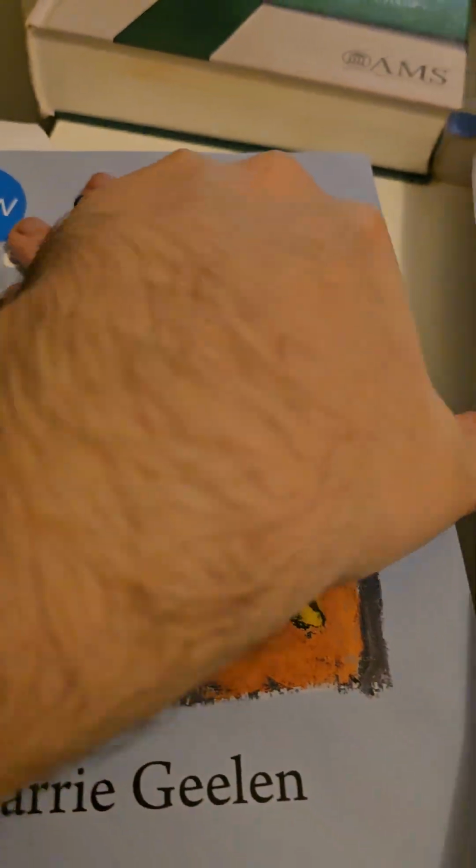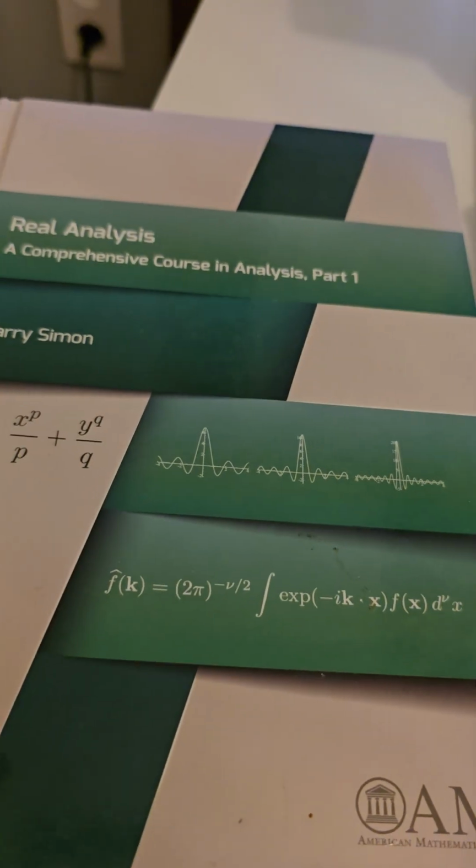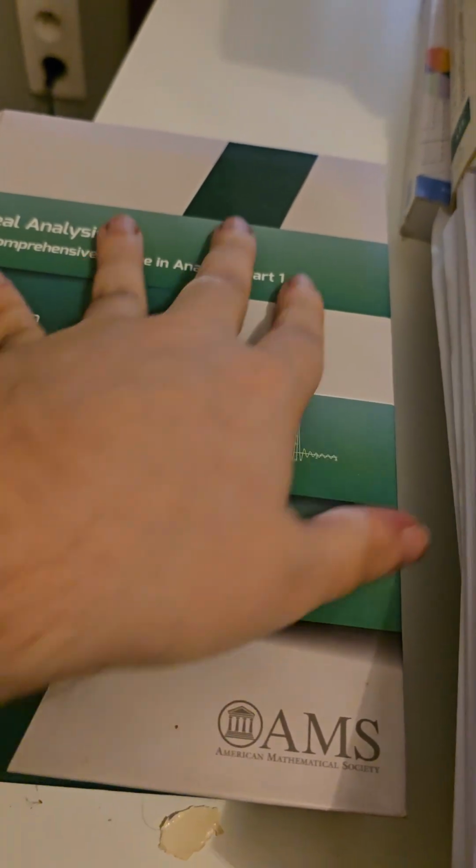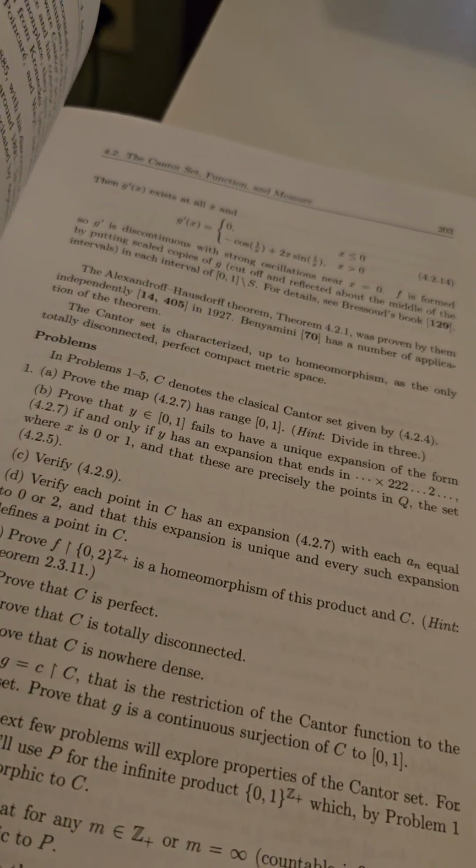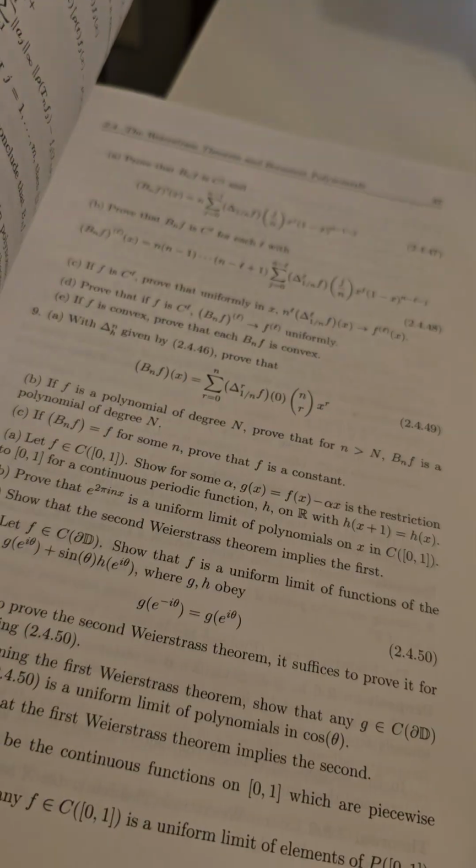Here is Ovid's Metamorphoses, in Dutch though. You have one of Barry Simon's analysis books, starting with Real Analysis, the first volume. I really love these books, but they are filled with typos. It's really sad.